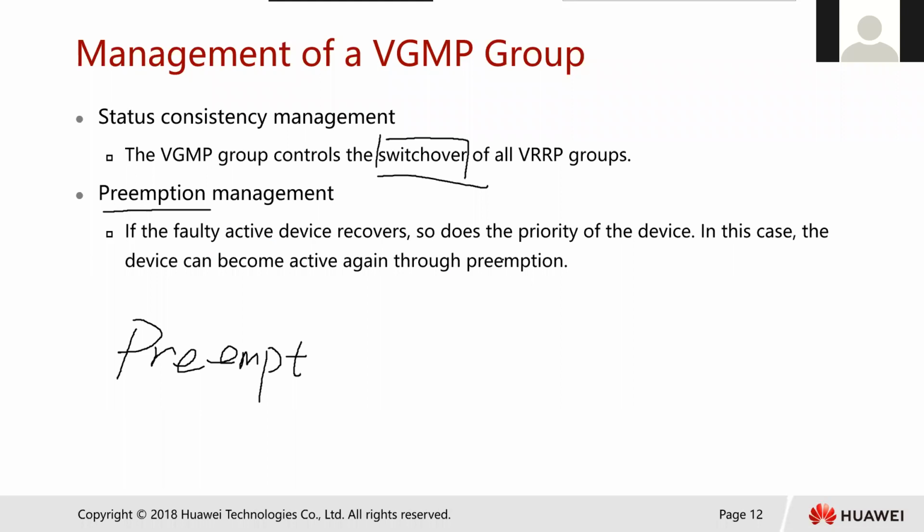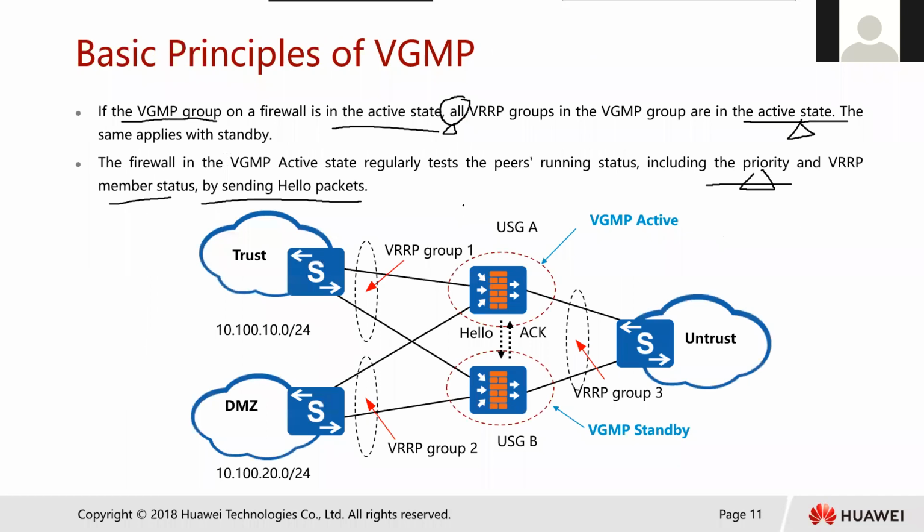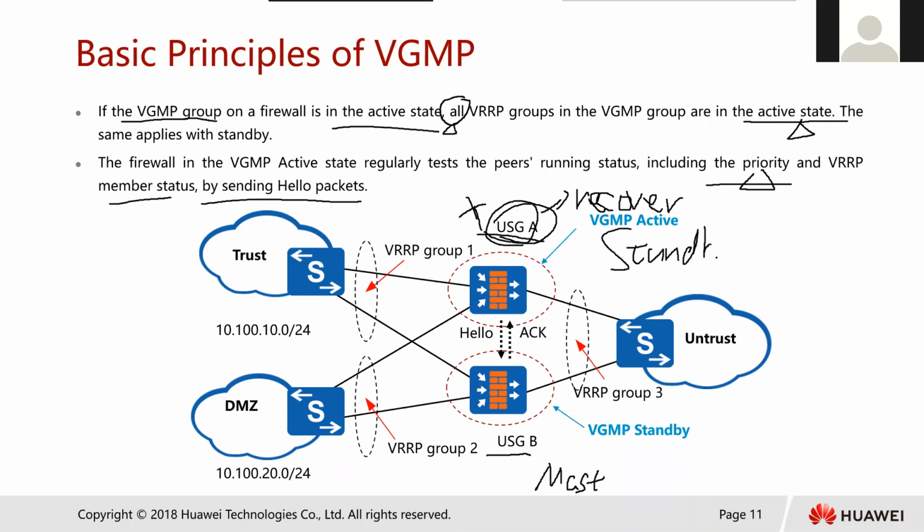In this picture, we can see that if USGA is down, USGB becomes the master. But when USGA recovers, USGA can also preempt, going from standby back to master. So this we call the preempt.